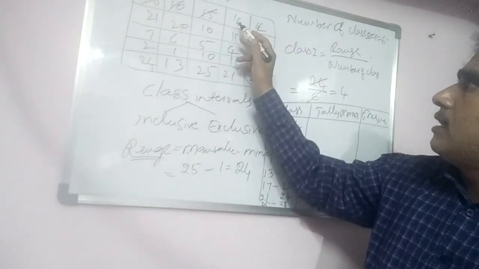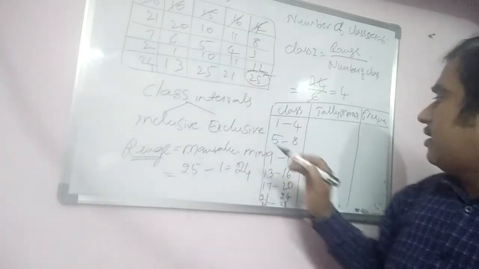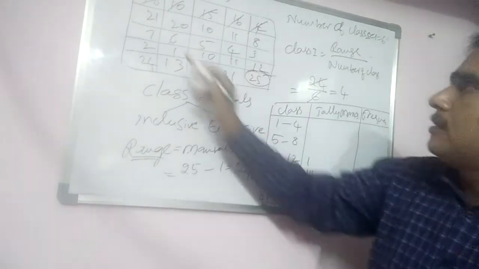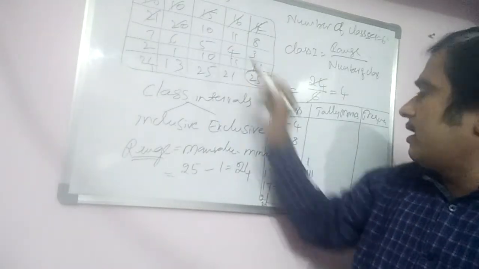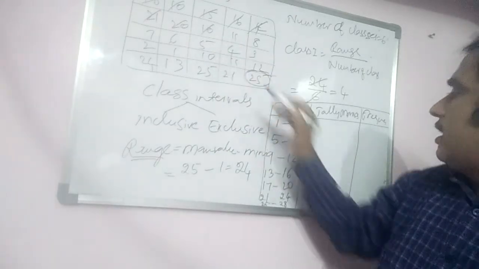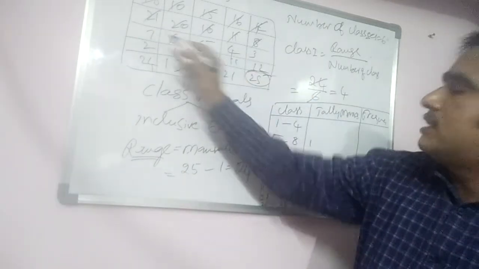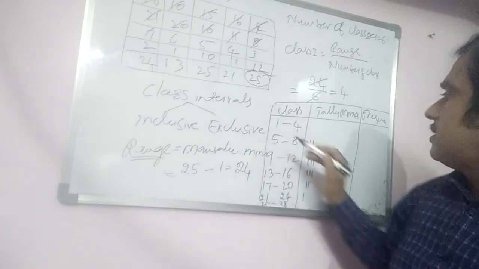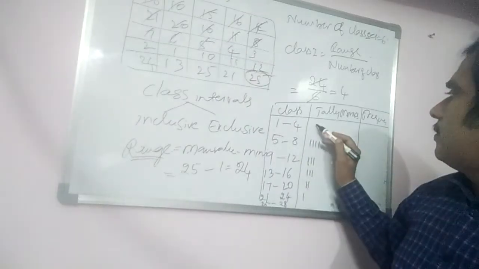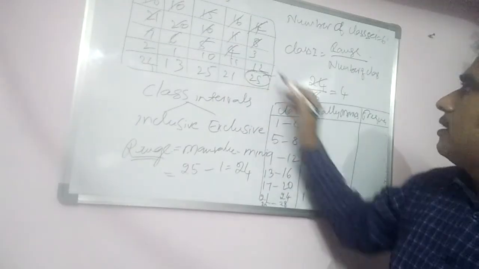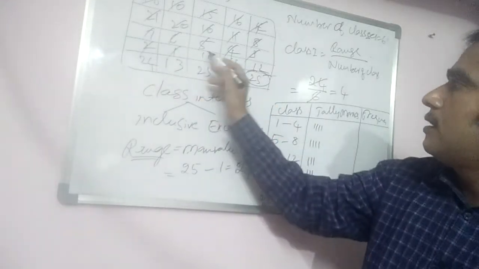Next 14 will come here, and 21 here, and 20 here. Then 10, 11, 8, 7, 6, 5, 4, 3, 2, 1, 10.